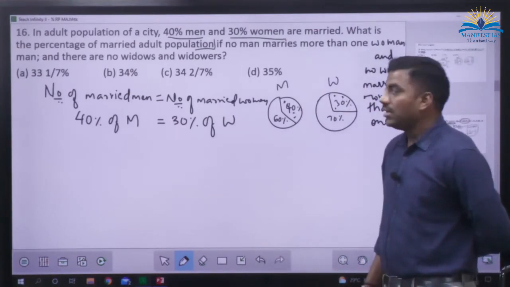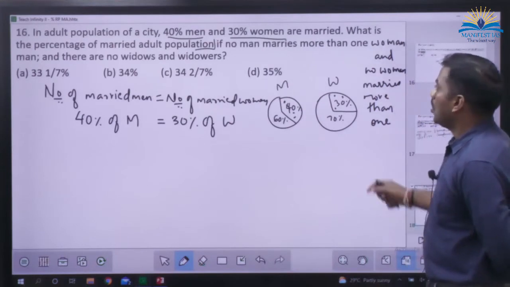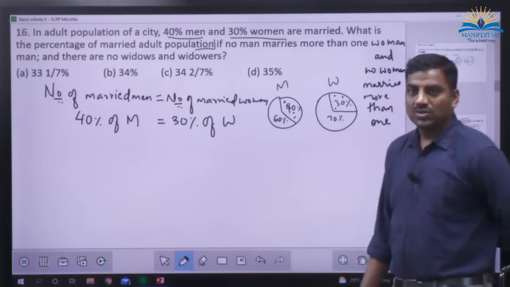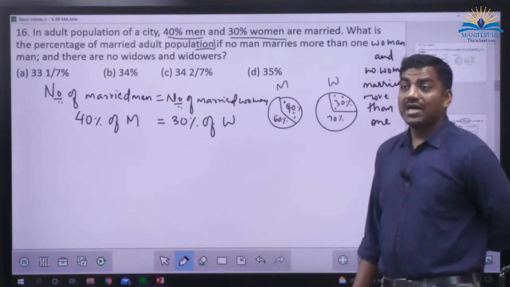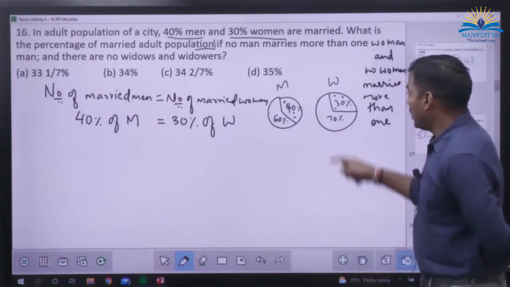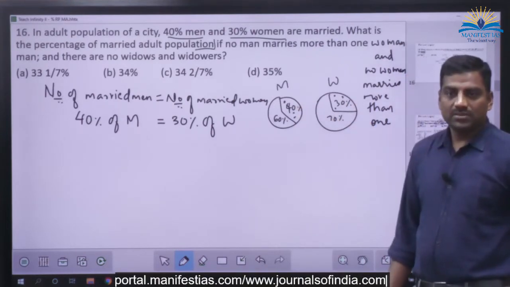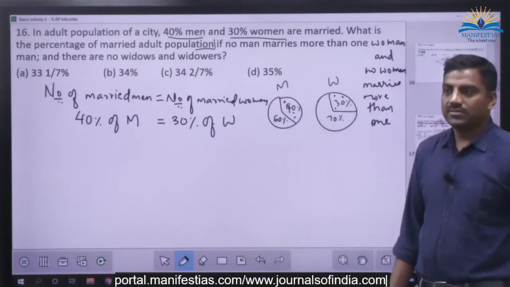Fine. Now what they are asking? What is the percentage of married adult population? What is the percentage of married adult population? They want this and this plus. They want to make the plus of this.